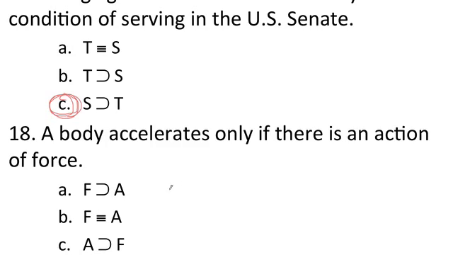A body accelerates only if, again, a necessary condition. So we have the body accelerating only if there is an action of force. Only if. And we remember that only if goes on the right side of the horseshoe.